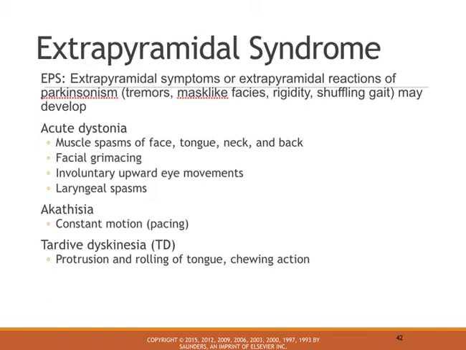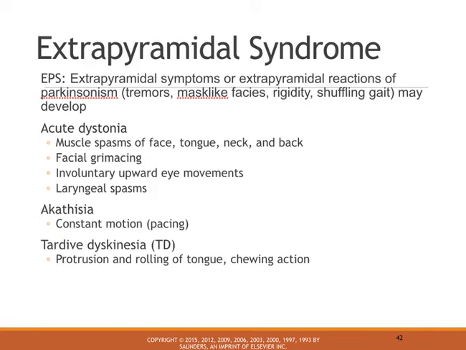And acute dystonia can develop muscle spasms of the face, tongue, neck, and back. You can see facial grimacing, involuntary eyeward motions looking upwards, laryngeal spasms. You can have akathisia, which is constant motion, like they can't sit still, that's pacing.